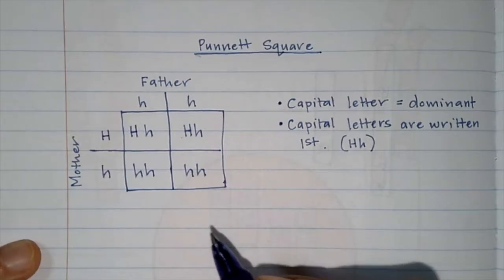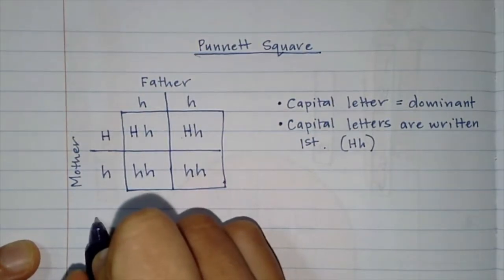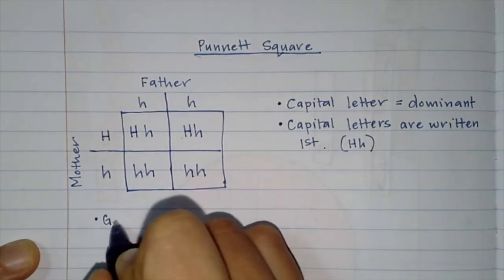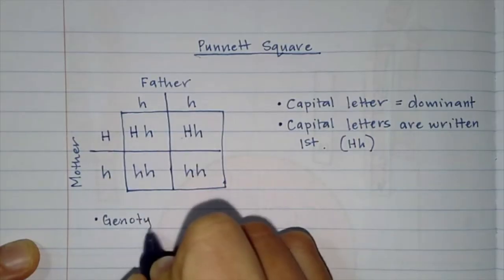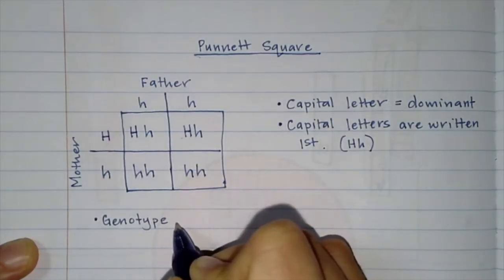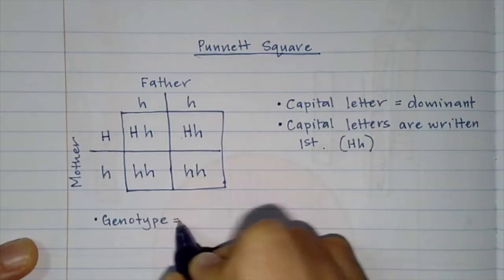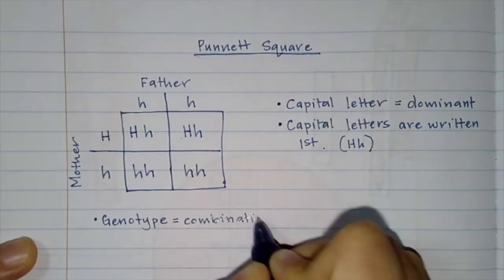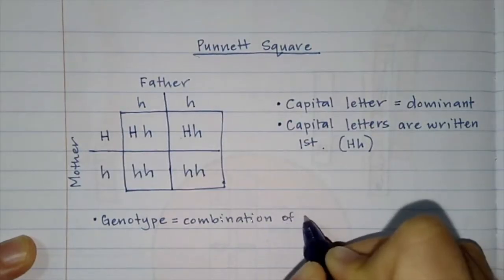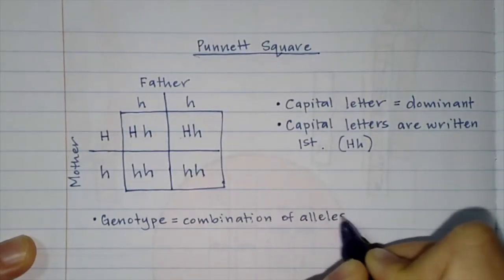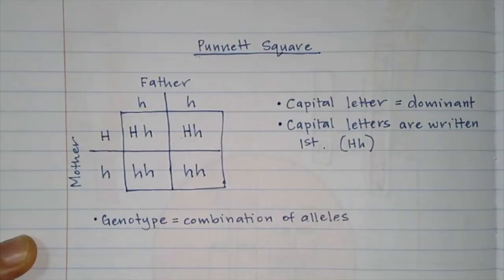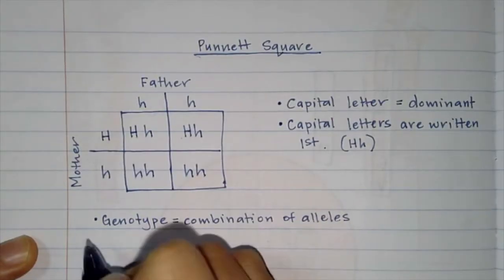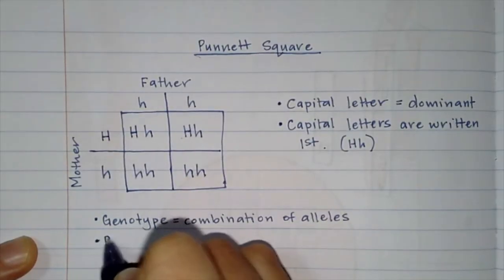So if we remember, we'll do a little definition down here. So genotype, that's going to be the combination of alleles. And then the phenotype is going to be the trait.